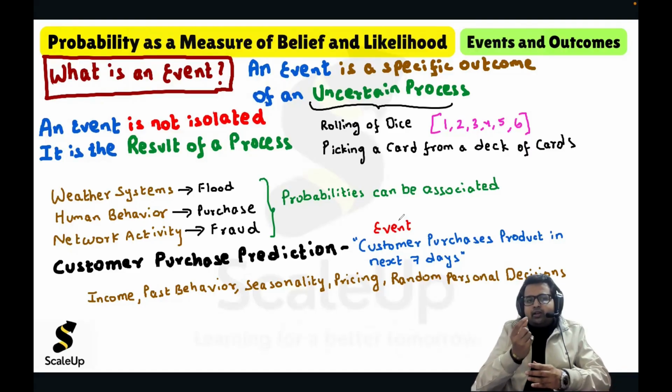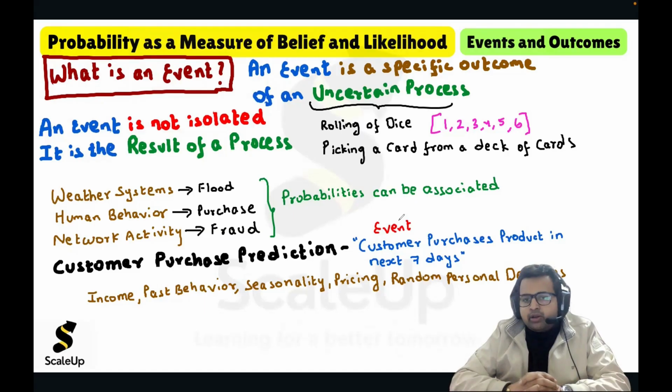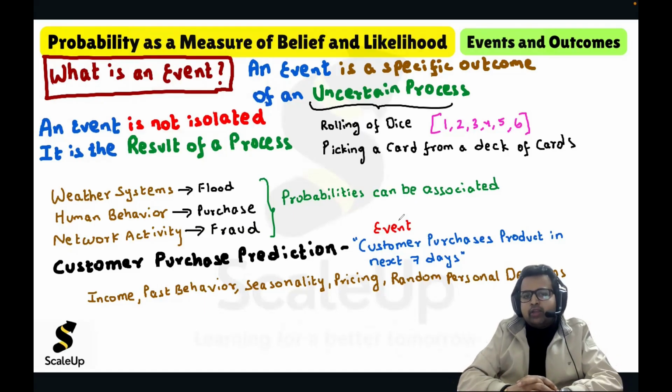So here the event we are interested in is customer purchases product in the next 7 days, and we have to calculate the probability of occurrence of this event because it is a specific outcome. And what's the outcome? Customer will purchase a product in the next 7 days. Now this event is not isolated, but it is the result of a process.